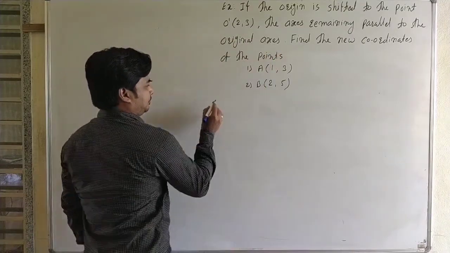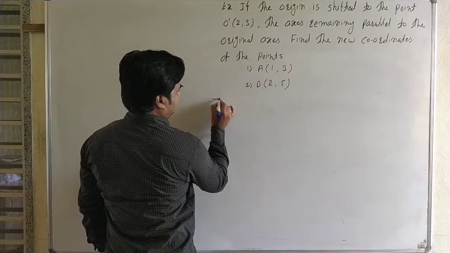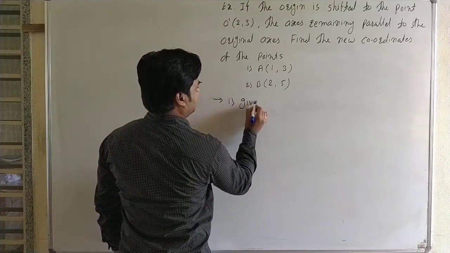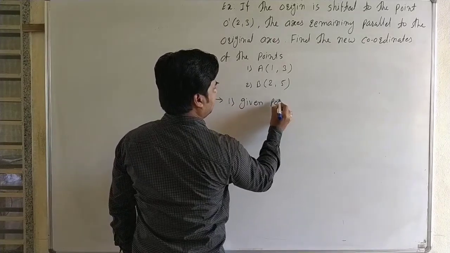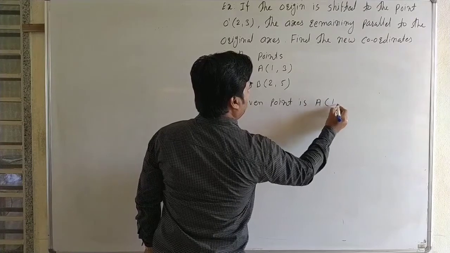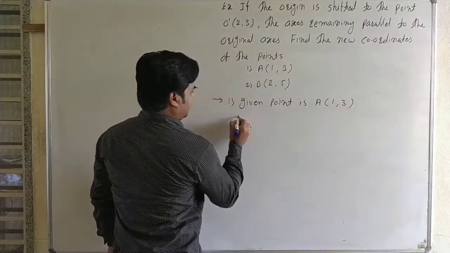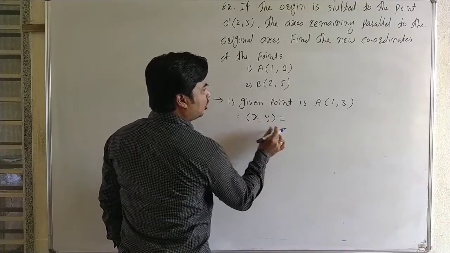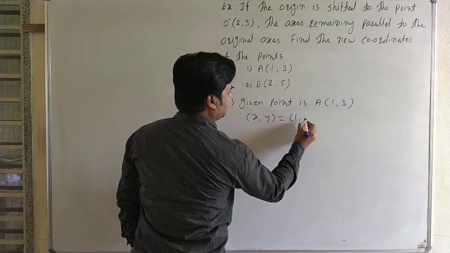Okay, here is the given point. We solve the first example. Given point A is (1, 3). Therefore we can write small x, y, the old point, is (1, 3).